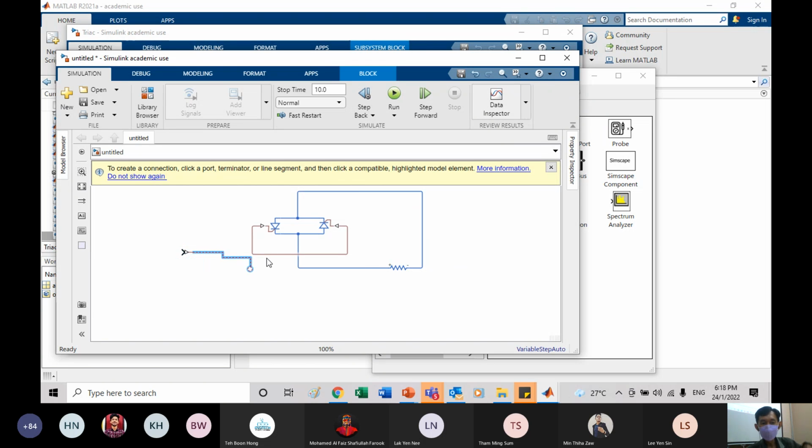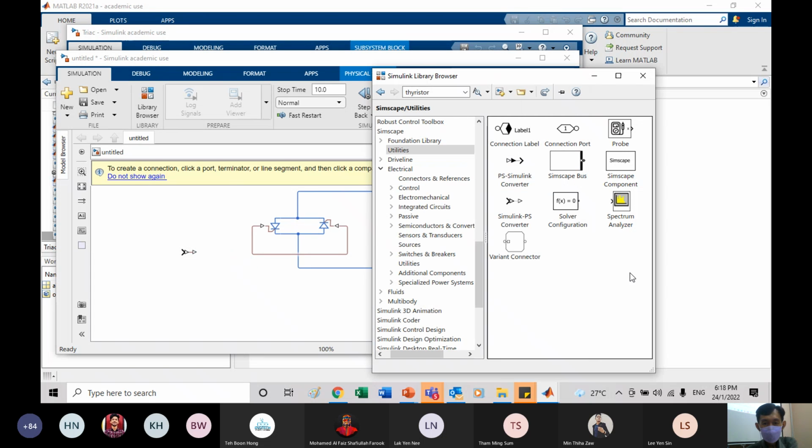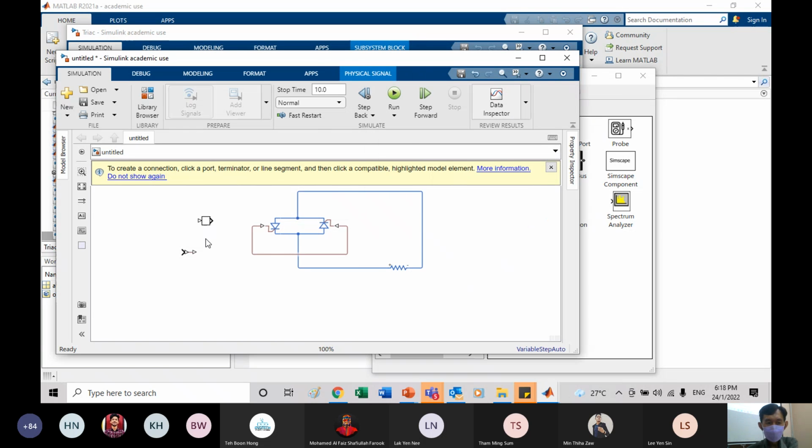Is it the wrong one? I need to connect this first.